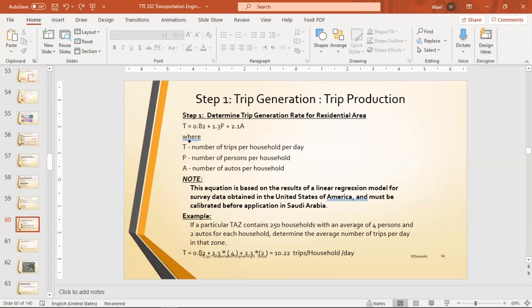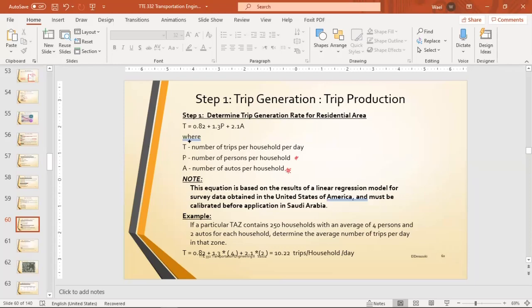And this formula takes into consideration the persons per household, number of people per household, and number of autos per household. يعني بتاخد عدد أفراد البيت فيه كام فرد، اوكي، وبتاخد عدد السيارات اللي في البيت في المعادلة اللي هنا قدامكم.